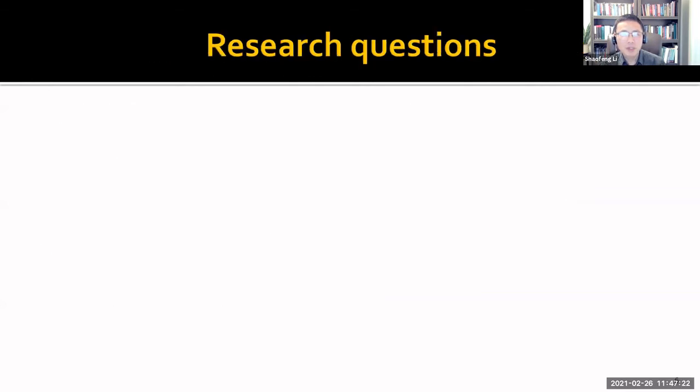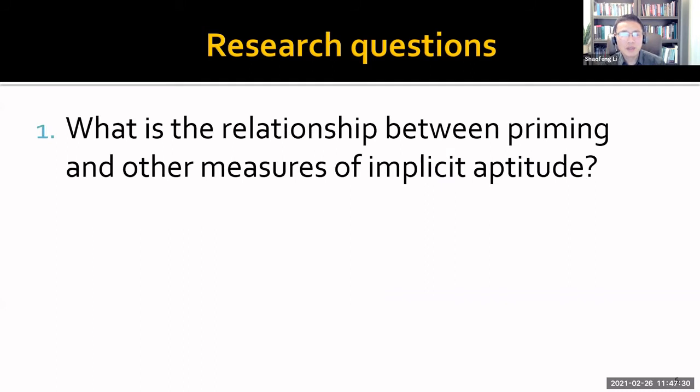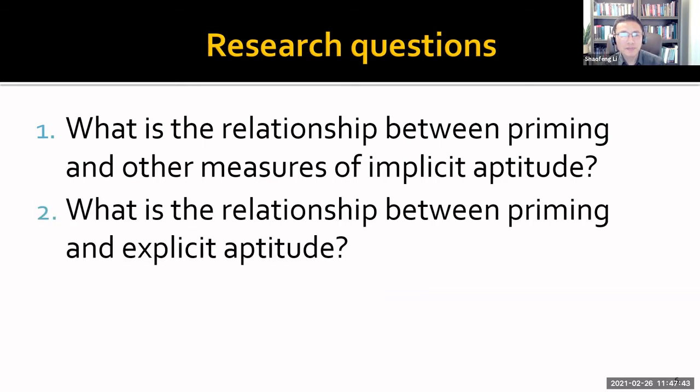Okay, to achieve the goal of the research, 3 research questions were formulated. The first question concerns the convergent validity of syntactic priming, that is, whether it is correlated with other measures of implicit aptitude.